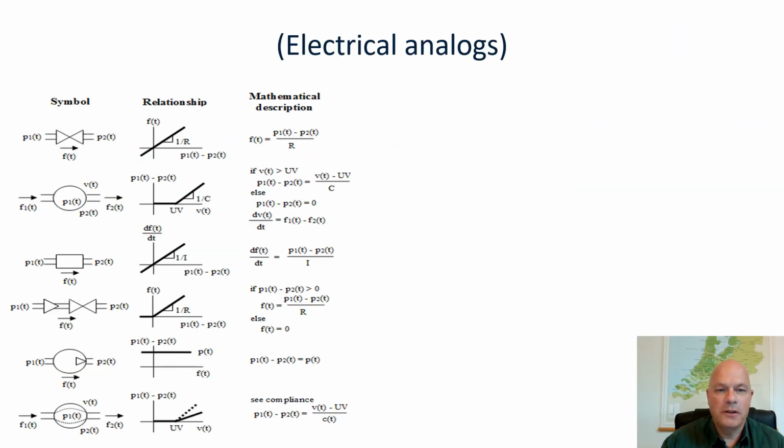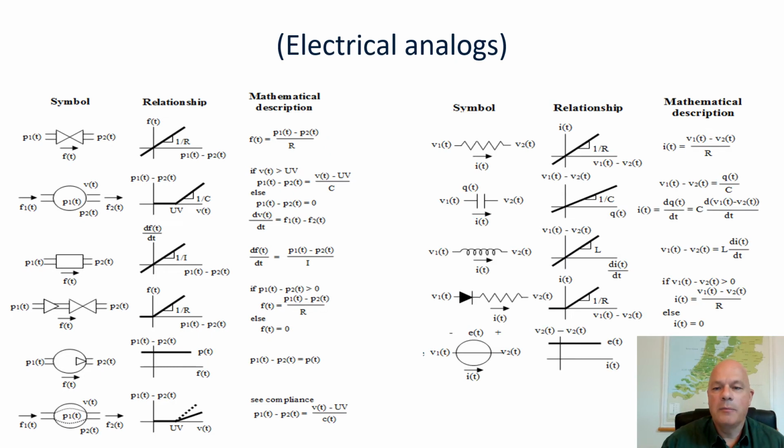So if I shift this piece of the table over a bit, I can put electrical analogs right next to it. If you look at the resistor, that's identical with the exception of the names of the variables. And you have to be a bit careful because sometimes the electrical engineering components have a little bit different behavior.